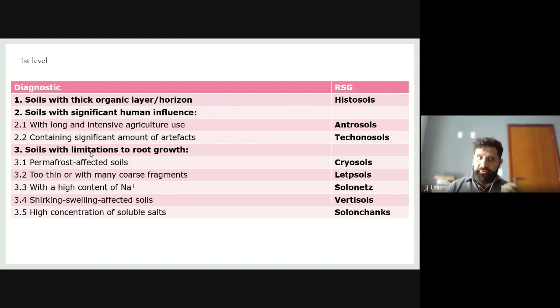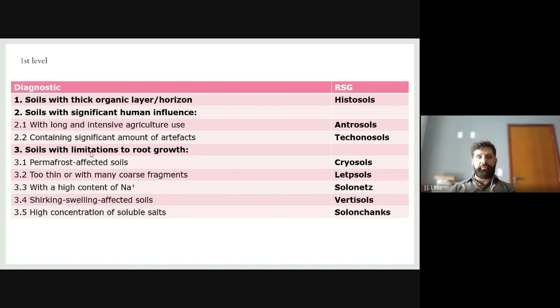So the first one is that those soils that have a thick organic layer or horizon, an O or H horizon, a thick organic horizon, are classified as histosols.